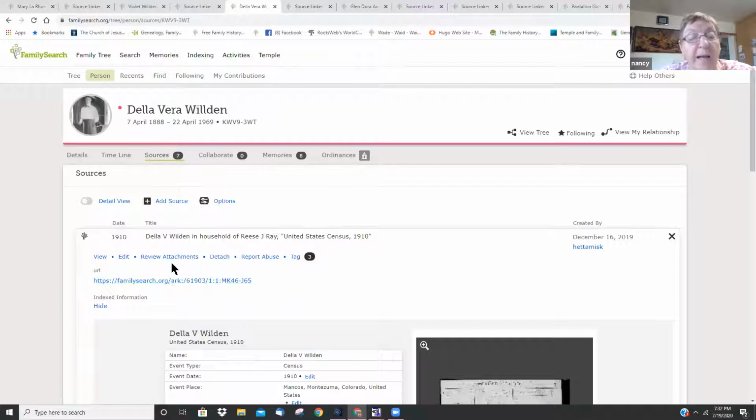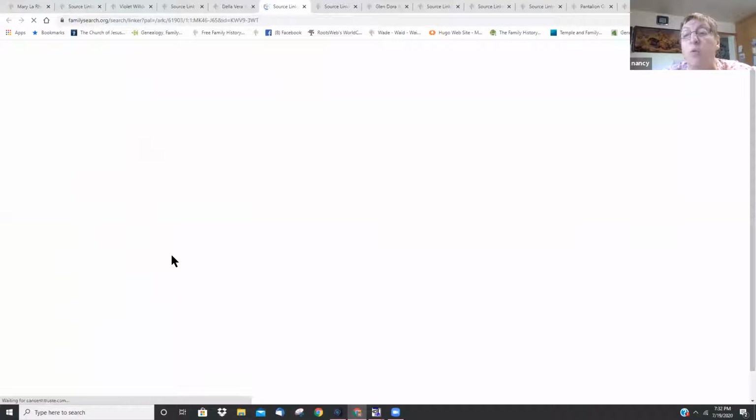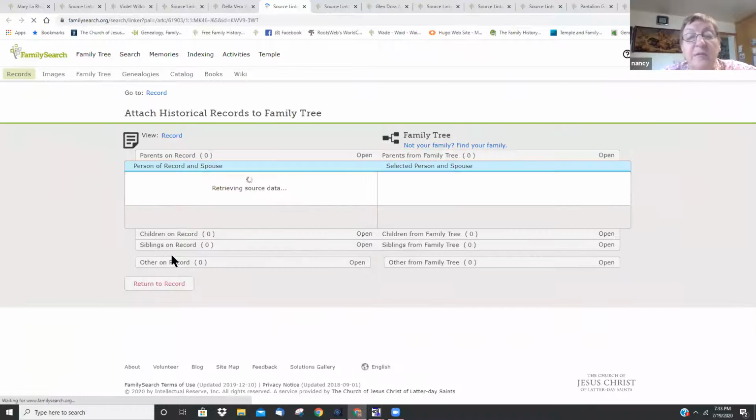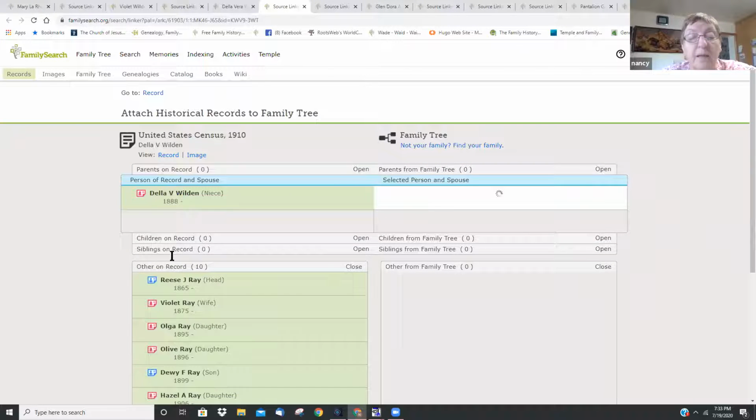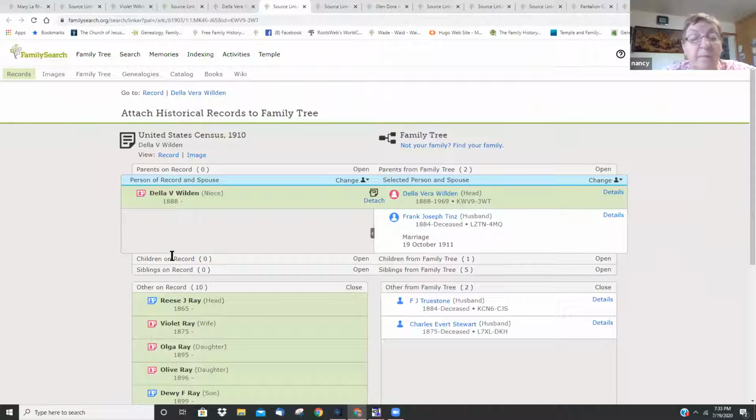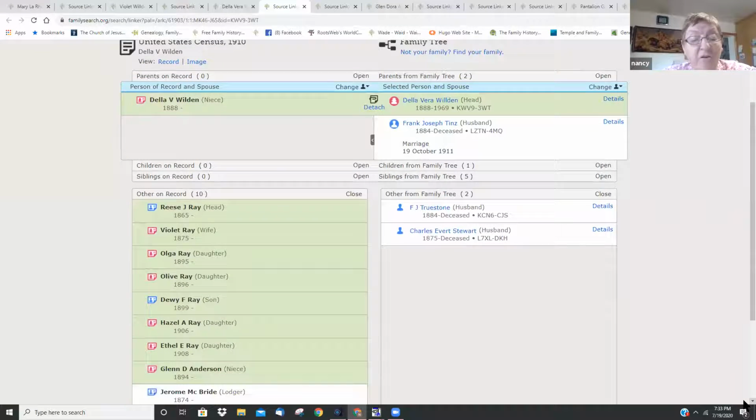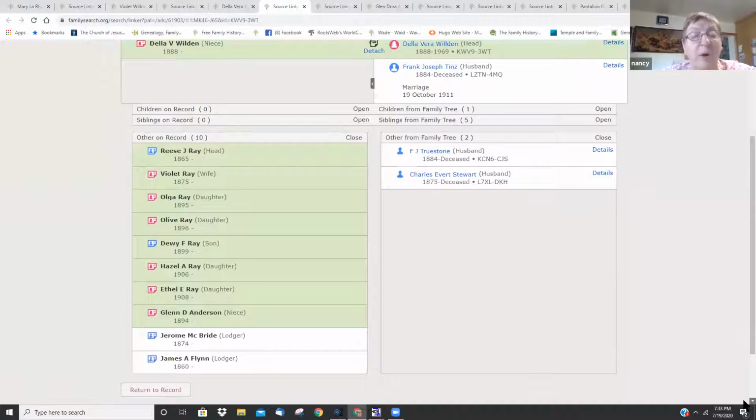So I clicked on Review Attachments because I want to see why she was connected to Reese Ray. It says she's attached to this family over here, and it lists all of the family members. I do not have a clue who Reese Ray was.